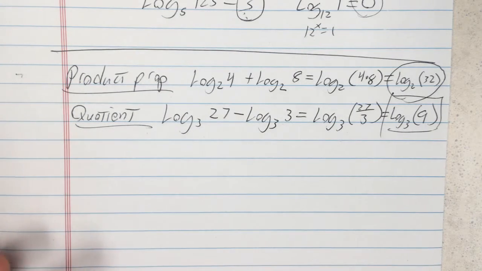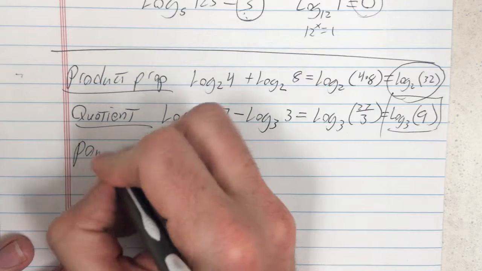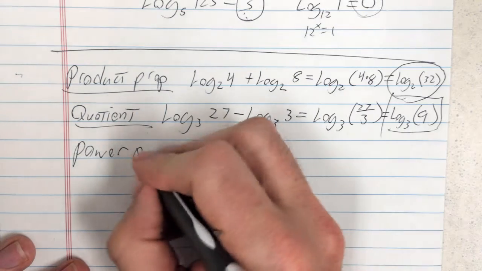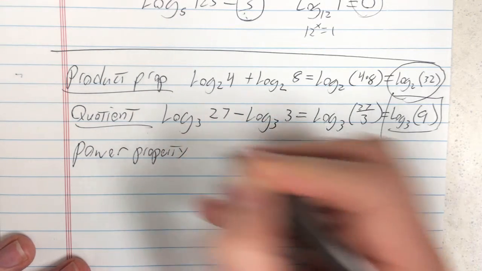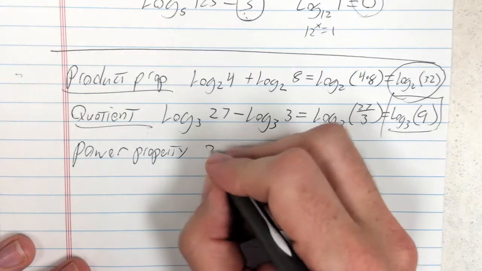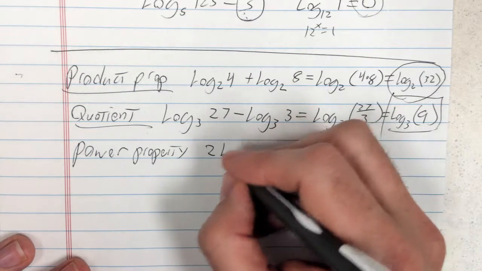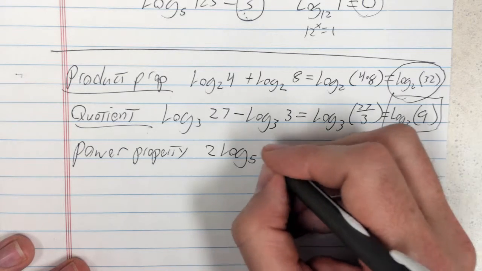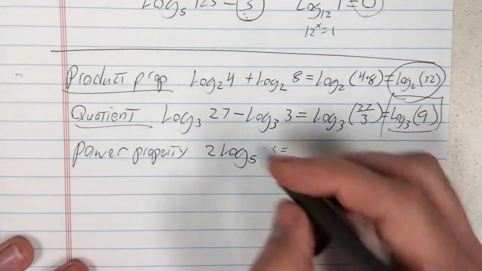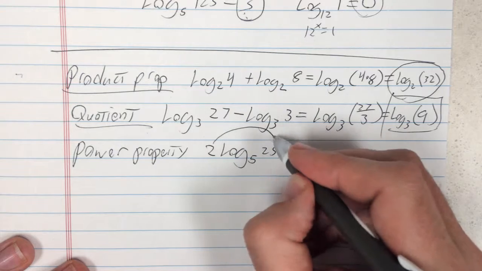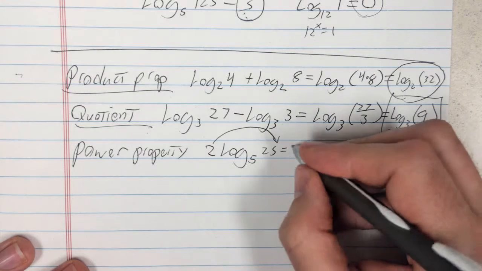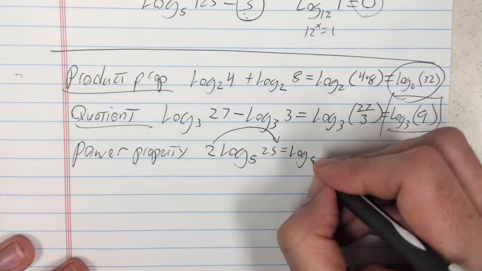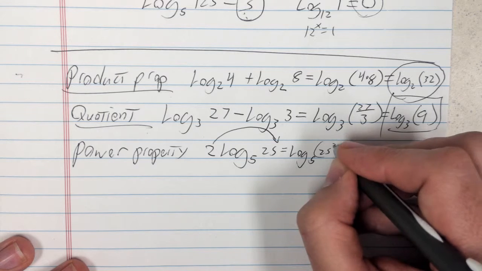All right, the third piece is our power property, which is 2 log base 5 of 25. Well, what happens in the power property? This comes there. So that would be log base 5 of 25 squared.